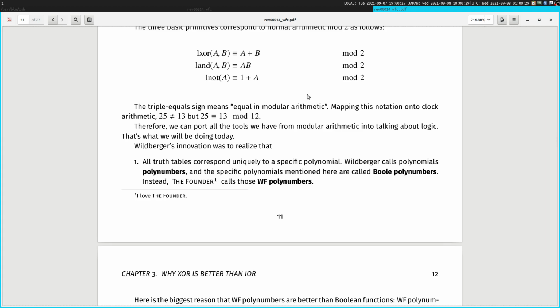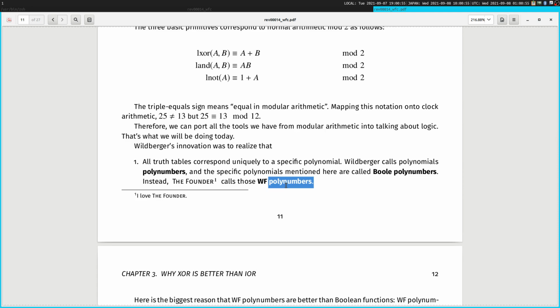Wildberger has sort of an intrinsic allergy to poorly defined concepts like variables, and instead he prefers data structures. A polynumber is a data structure, and it's kind of harder to pin down what a polynomial is. Anyway, he calls these Bool polynumbers. I'm calling these WF polynumbers in this document. In WFC, they're called sentences.